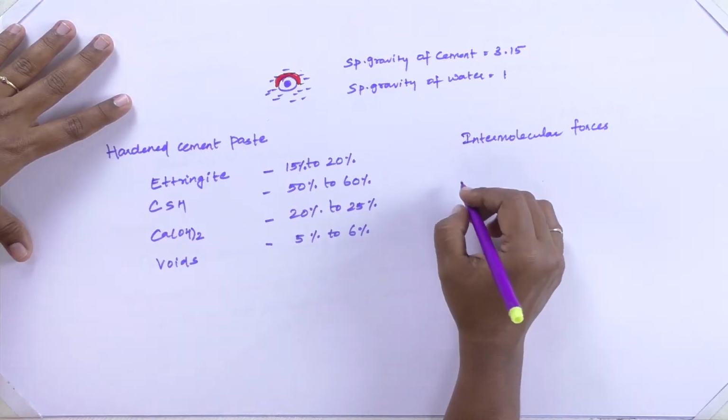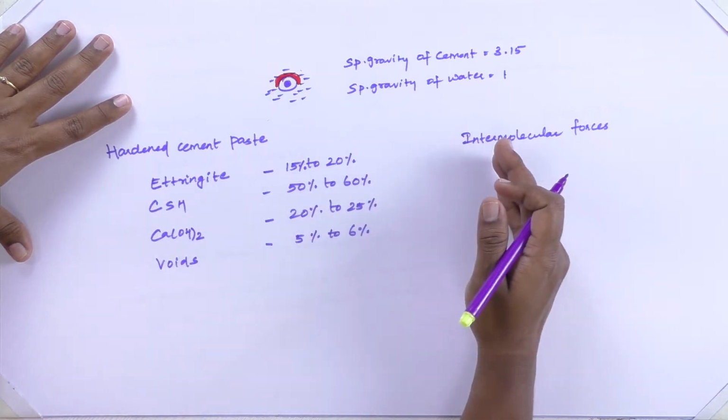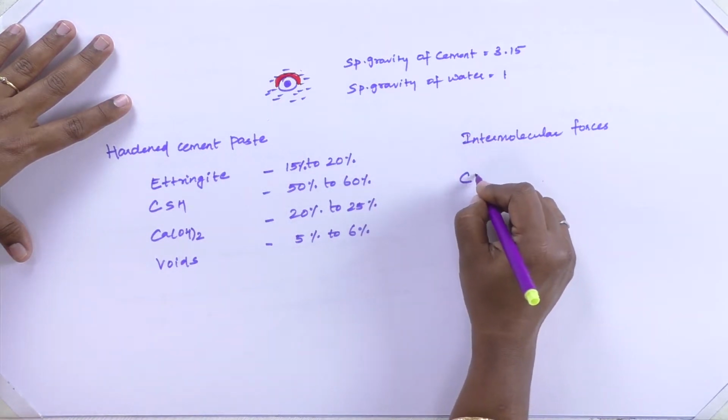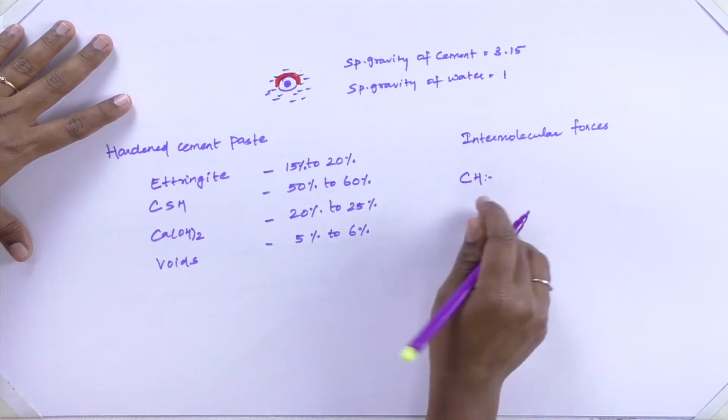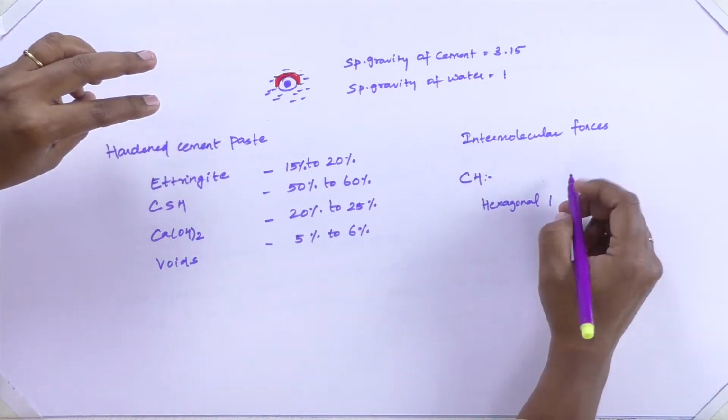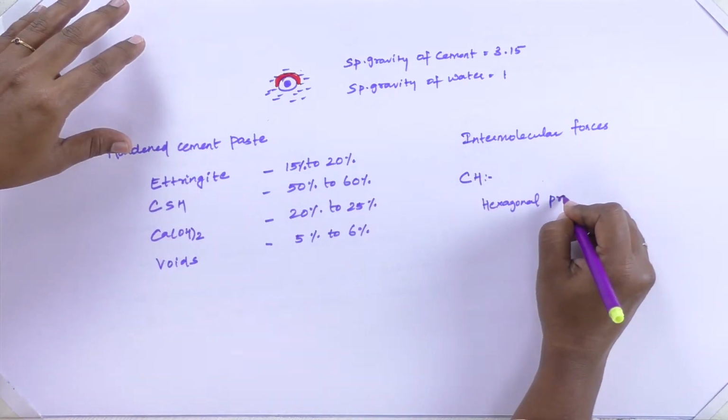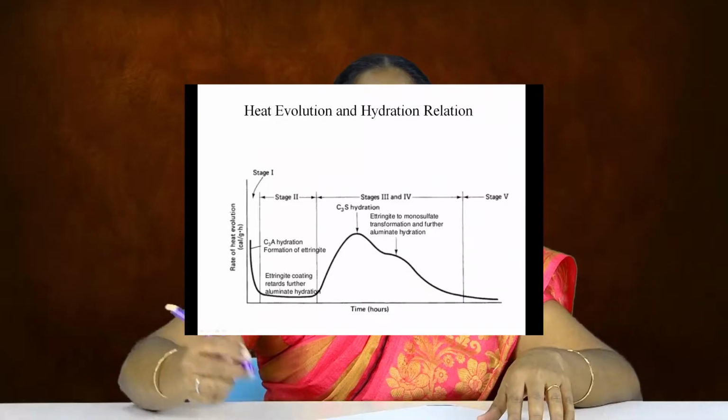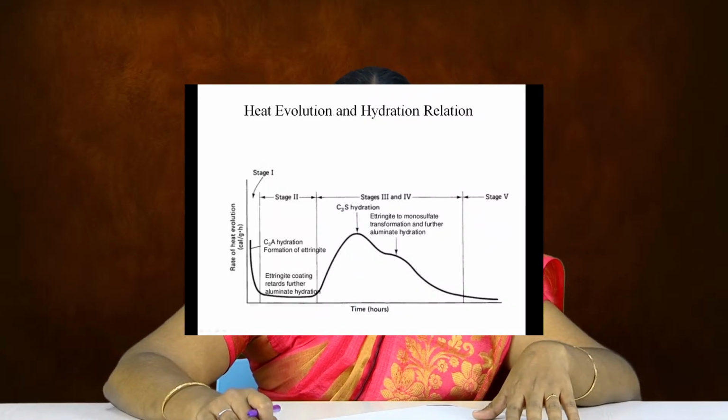Next, another compound which is formed during the hydration products is calcium hydroxide, that is CH. This CH will be in the form of hexagonal prisms, and will not have a much greater specific surface area compared to CSH.